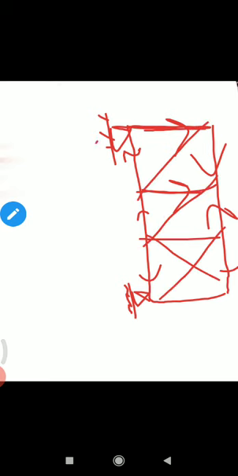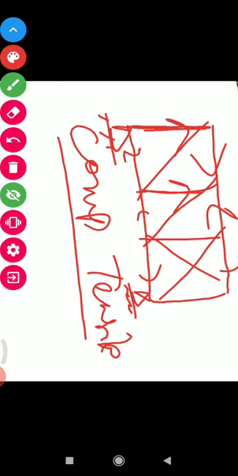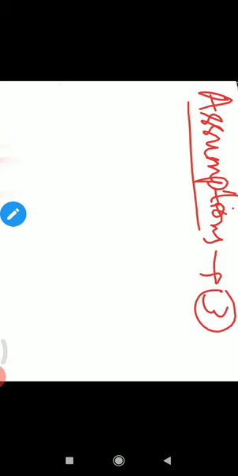Those forces may be either compressive or tensile. But before analyzing the trusses, we need to make some assumptions. There are always some assumptions in the structure. So what are the basic assumptions in truss? There are three assumptions.